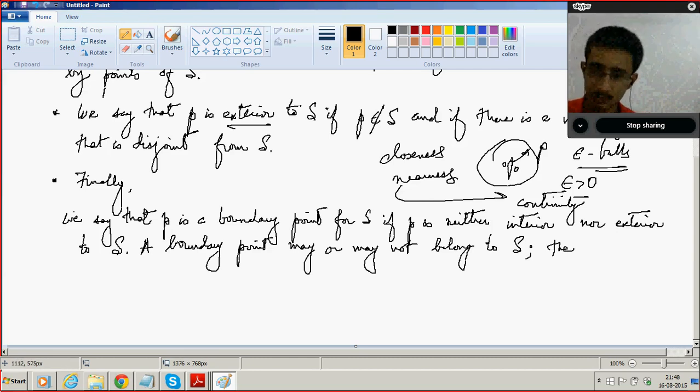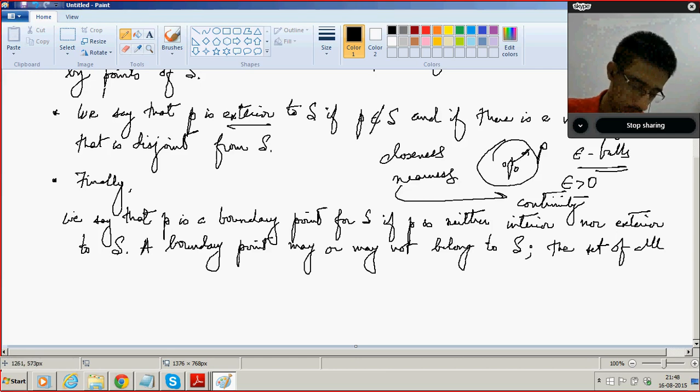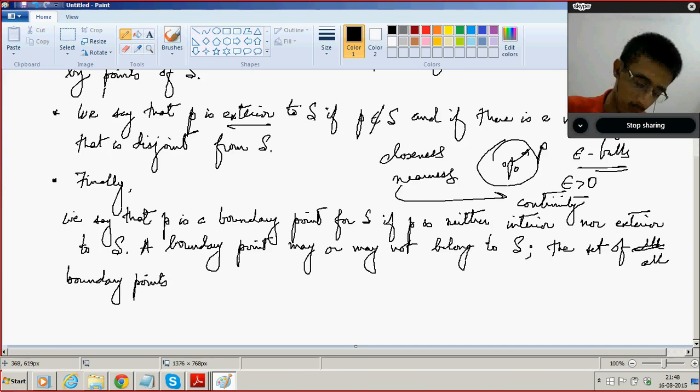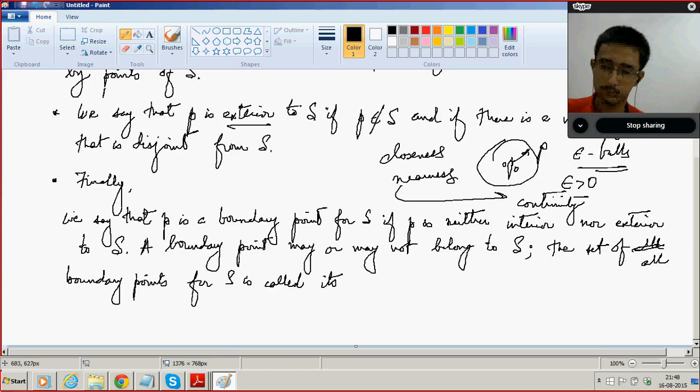The set of all boundary points for S is called its boundary.